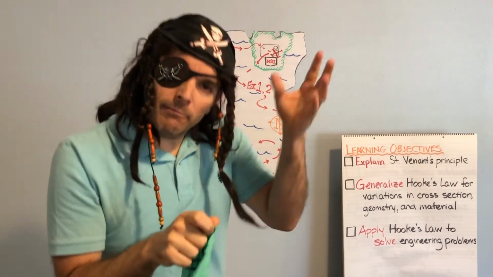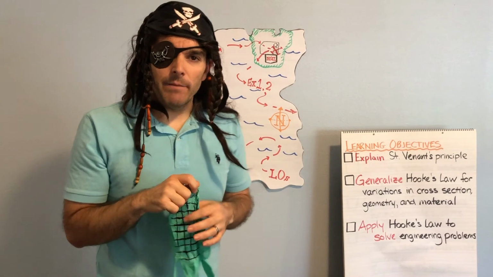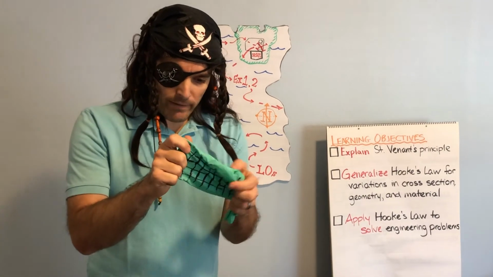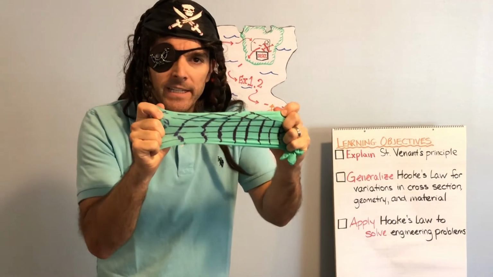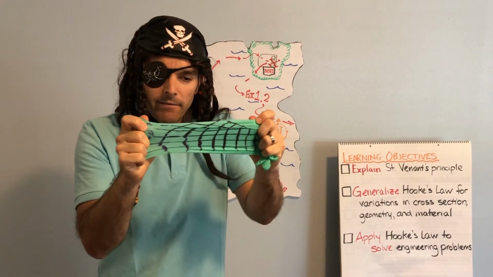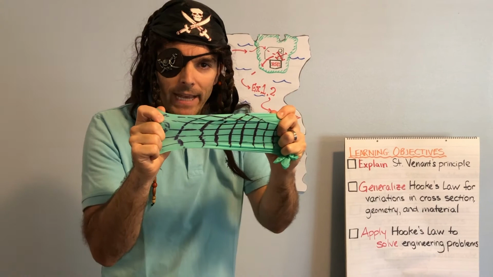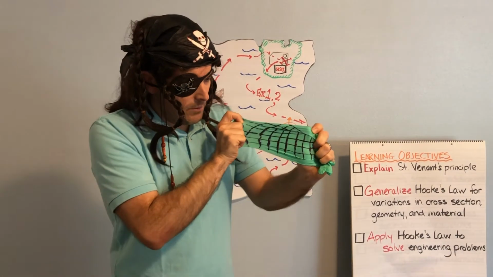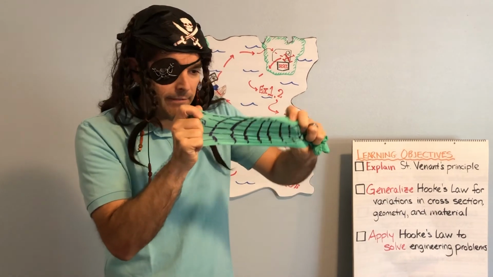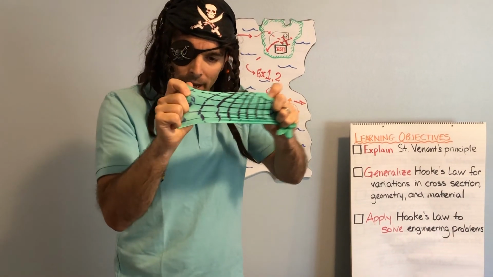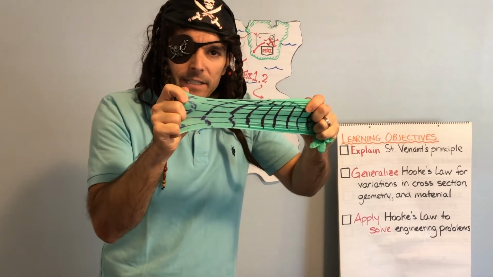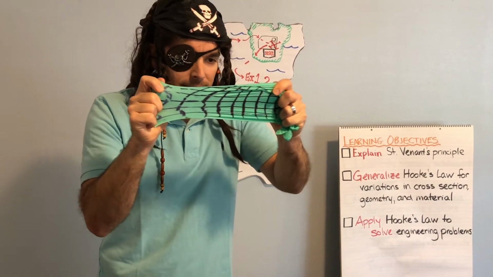I think when we look at St. Venant's principle, we have to imagine there's sort of two parts to the principle. Number one, when we stretch, we say points far removed from the load application have uniform stress. So basically, if we look at this glove, when it's close to my hand, up over here, you can see that the blocks are getting skewed and there's a lot of funny business going on.